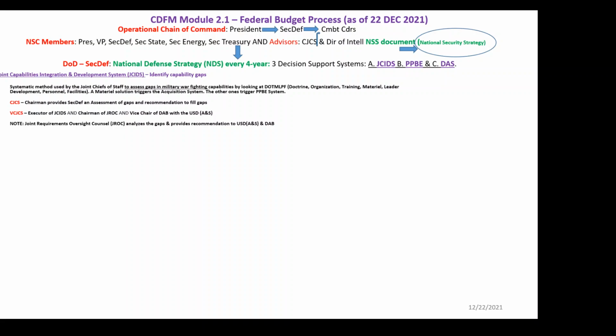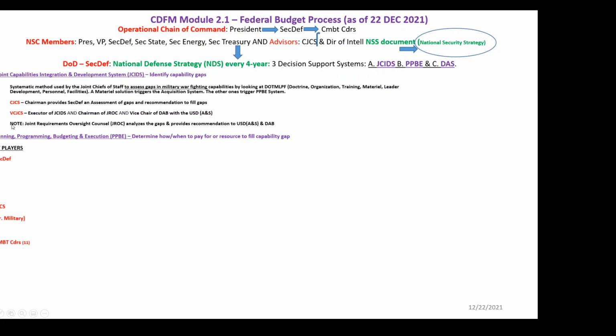That initial document says what type of equipment, what type of vehicle we need, and what it needs to do. So it's not just identifying a capability gap, they also have to present the resolution for that capability gap. How do we fix it?